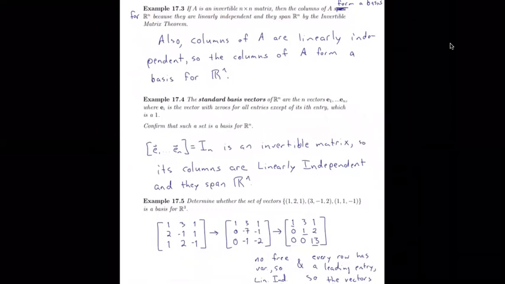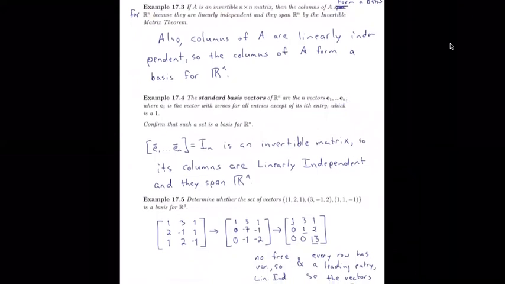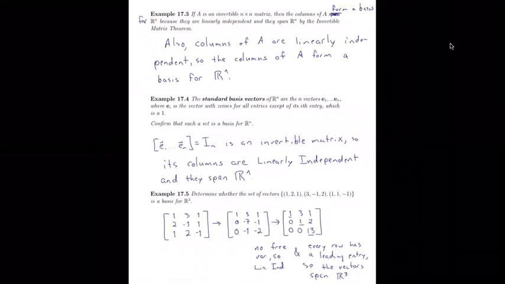So the standard basis vectors of Rn, remember e1 through en, they form a basis for Rn. Okay, the easiest way to see that is to write e1 through en in order to form their n by n matrix, which happens to be the identity matrix, the reduced echelon form matrix.